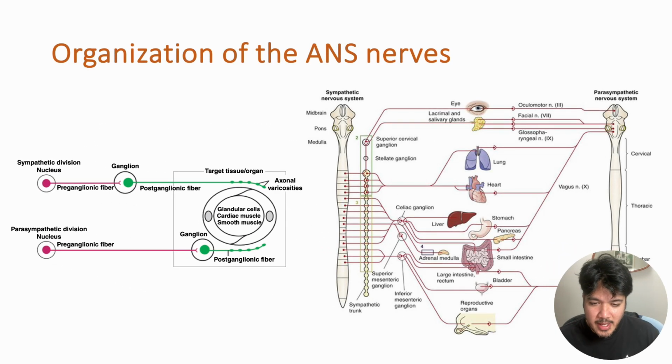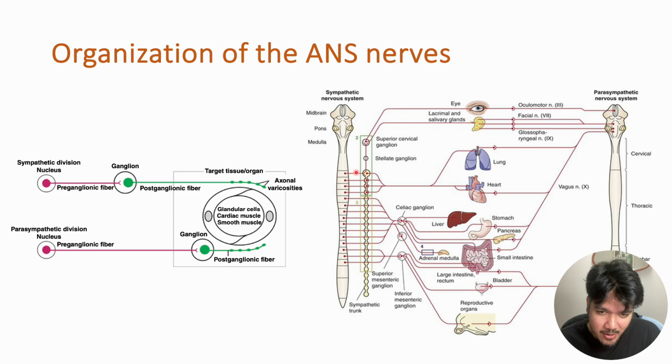Now, how does that apply to this image that we looked at over here? If we look at the sympathetic nervous system, you'll see that most, if not all, of the sympathetic nerves or preganglionic fibers start at the level of the thoracolumbar spinal cord.